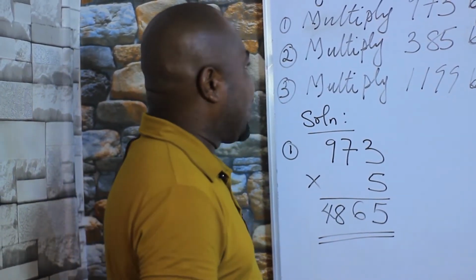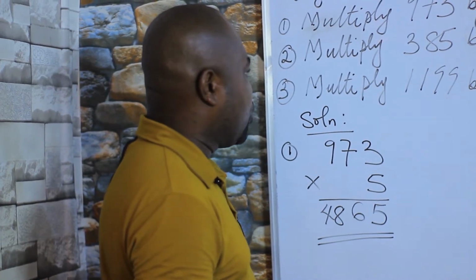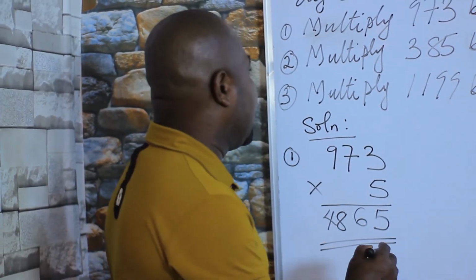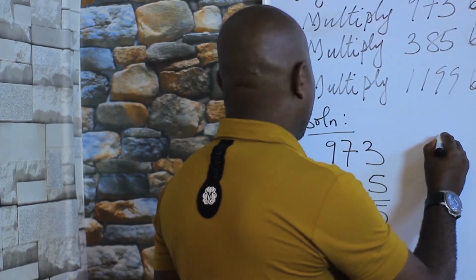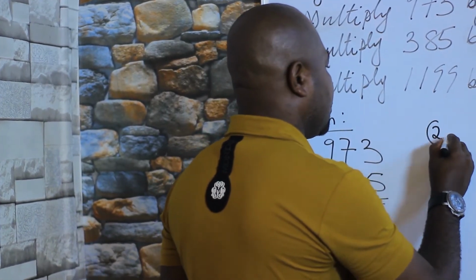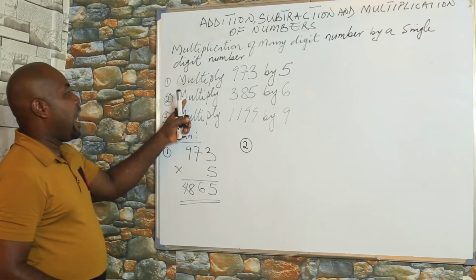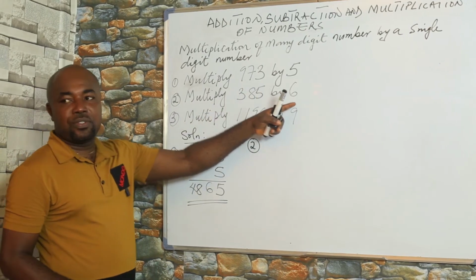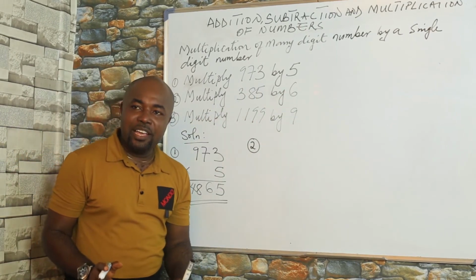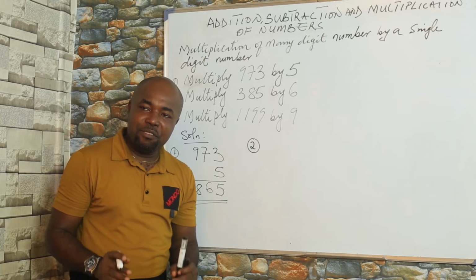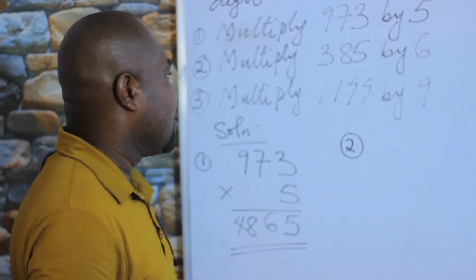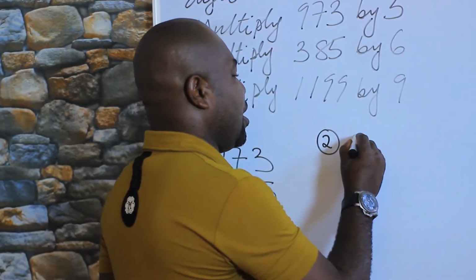Now let us look at the next question, number 2. Multiply 385 by 6. This is 385.